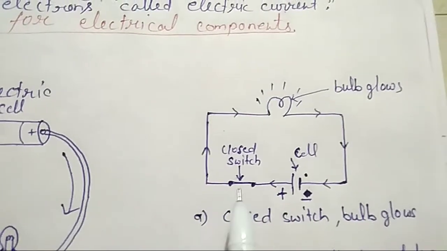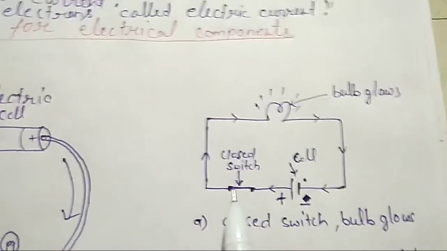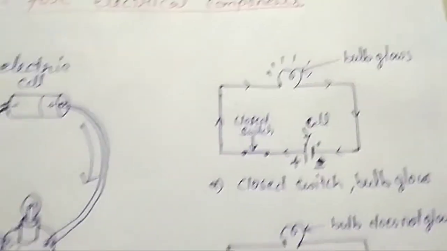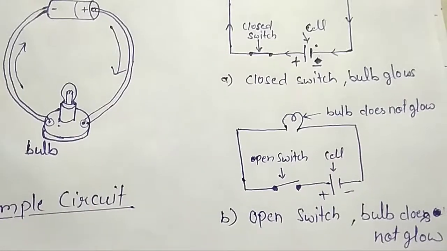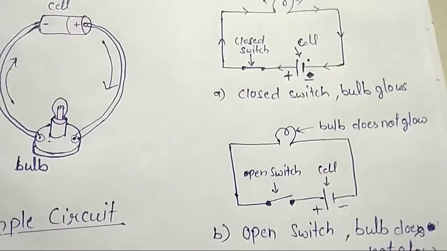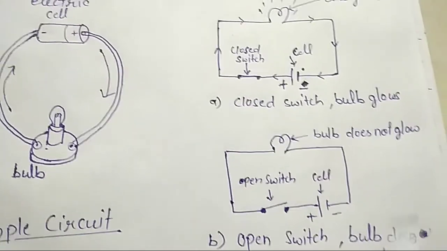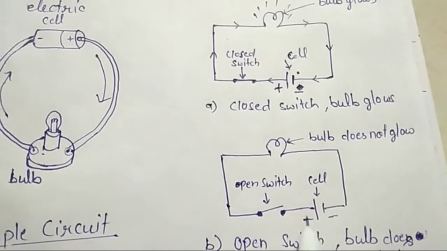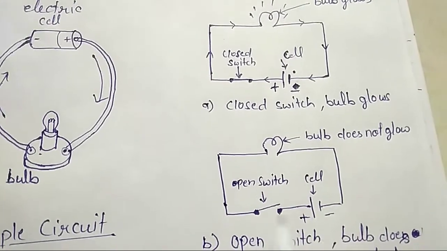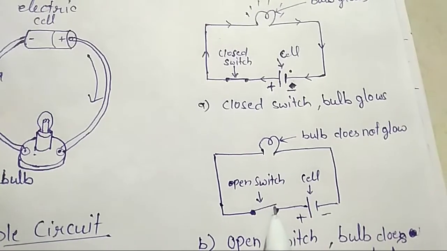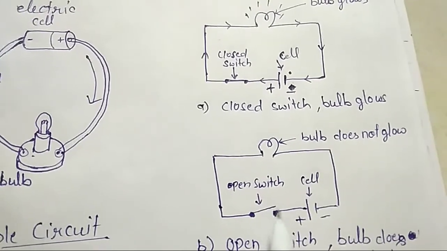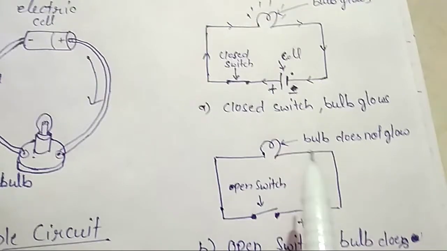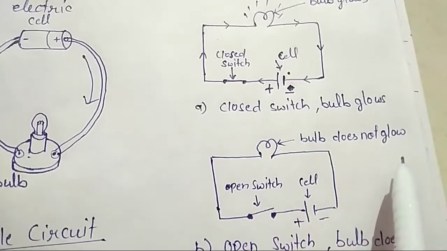Closed switch means both the points are connecting to each other. But here you can see, this is the next diagram. This is an open switch, means any appliance is not running because current is not flowing, because that is not touching this point. So electricity will not flow and the bulb does not glow.